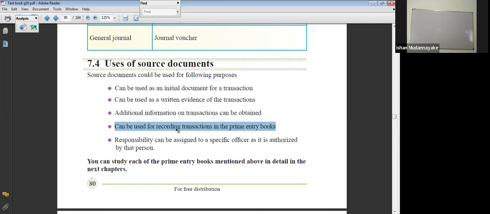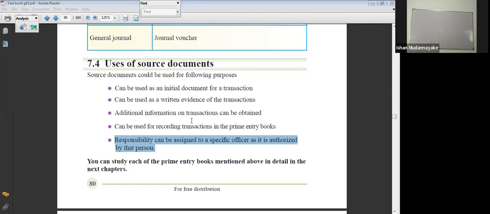Next one: responsibility can be assigned to a specific officer as it is authorized by that person. Please highlight.